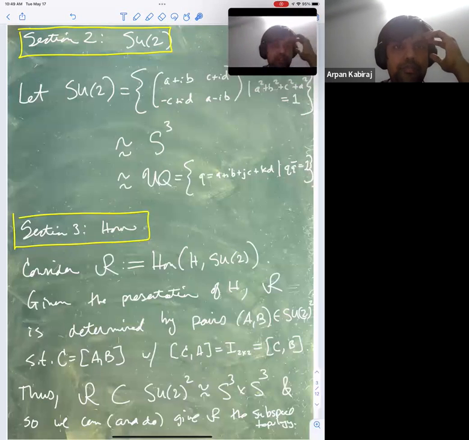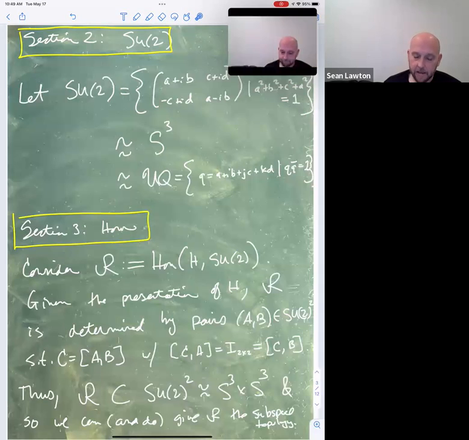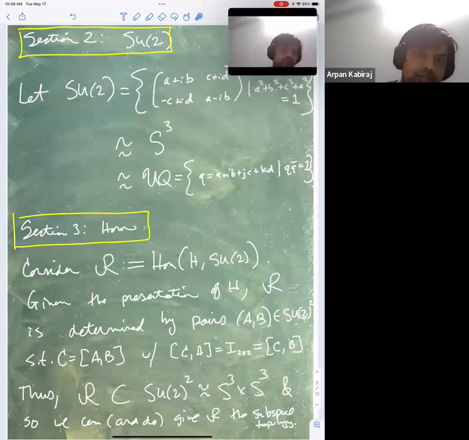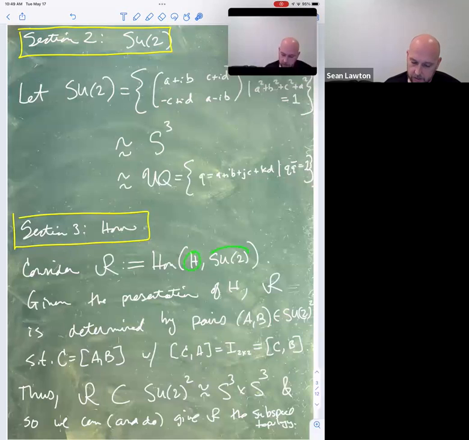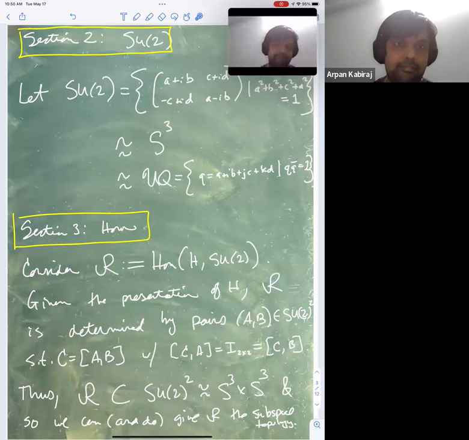Yes, it's the same. It's homeomorphic. If I give H the discrete topology, and this is the topology of the Lie group, and I consider the compact open topology on this, then that gives me a homeomorphic topology to the subspace topology under evaluation.